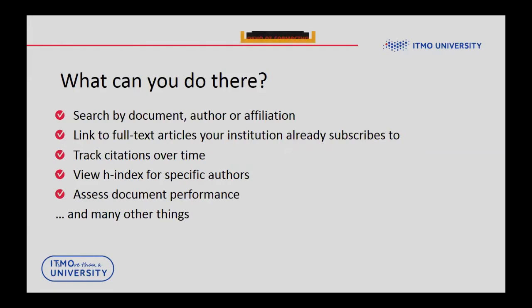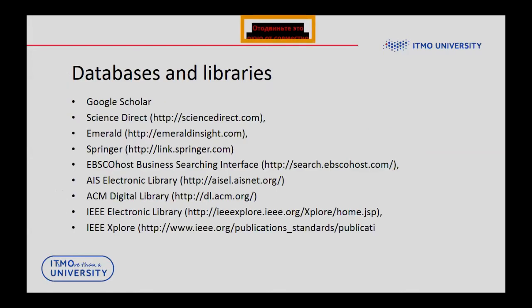You can look at which documents your institution already subscribes to. You can view the H index or Hirsch index of scientific authors. You can track citations over time. You can look at a paper and see how many times it was cited, and so on.